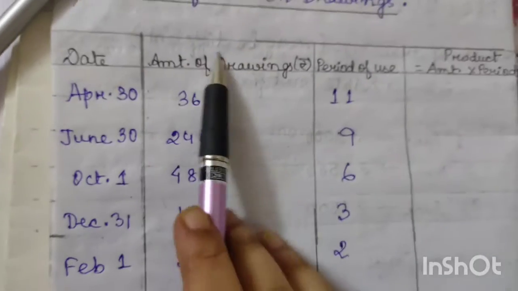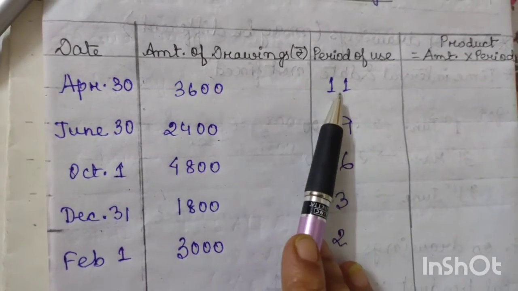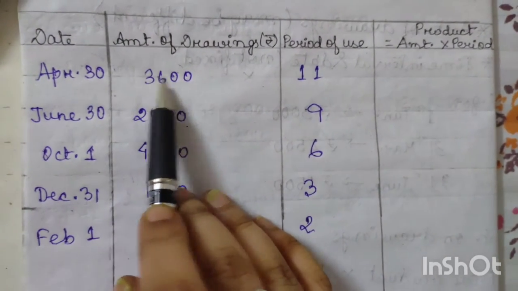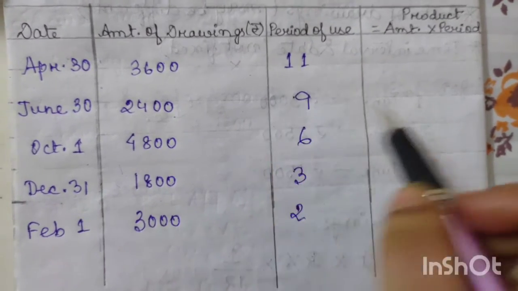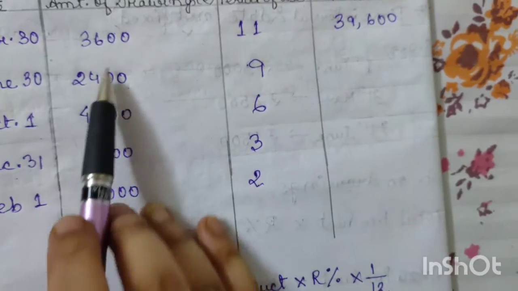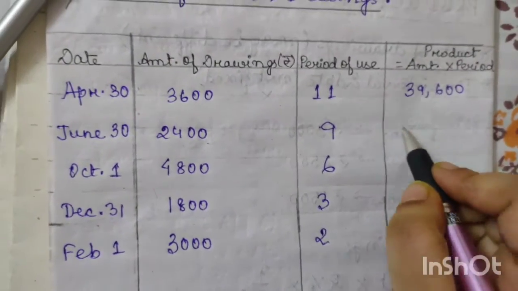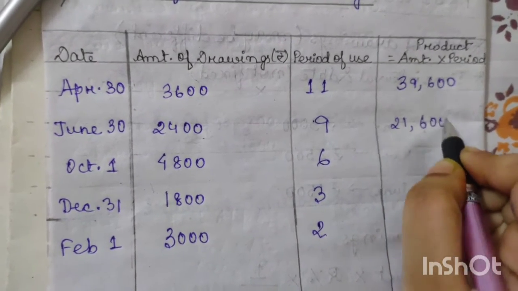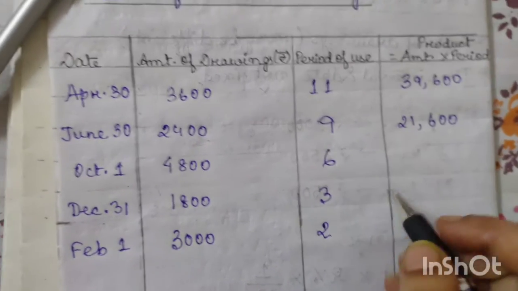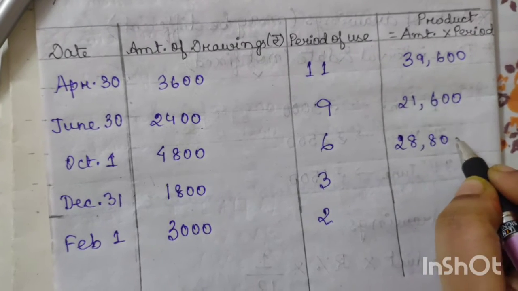Okay. Now we have to find the product, means amount of drawings into period of use. Now 3600 into 11, the total will be 39,600. Okay. Now 2400 into 9 will be 21,600. Again 4800 into 6, it will be 28,800.